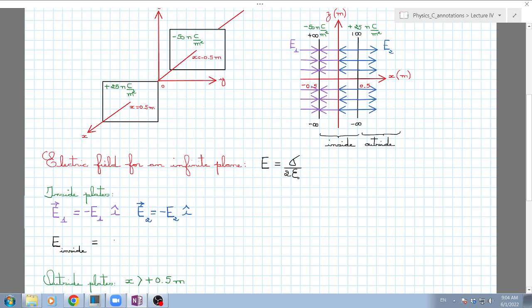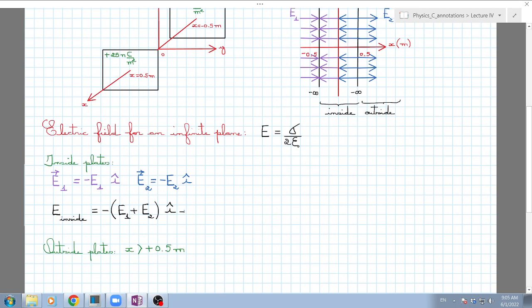We can write this as minus E1 minus E2 in the i hat direction, and we can use the expression for the infinite plane.